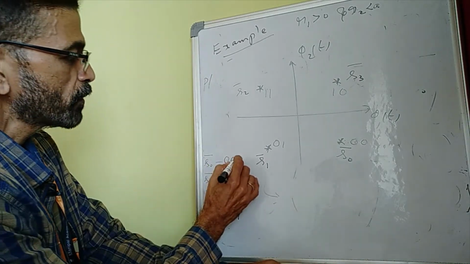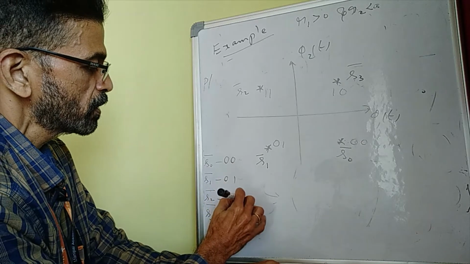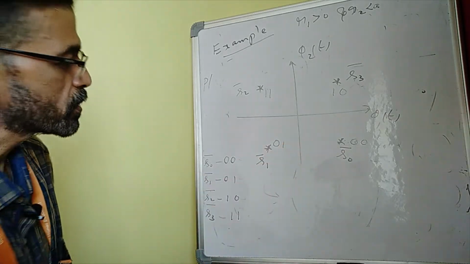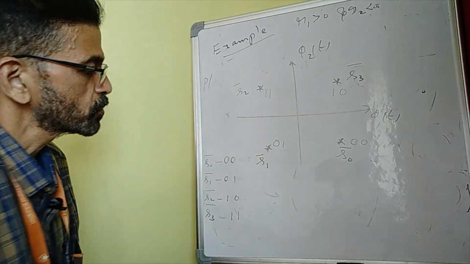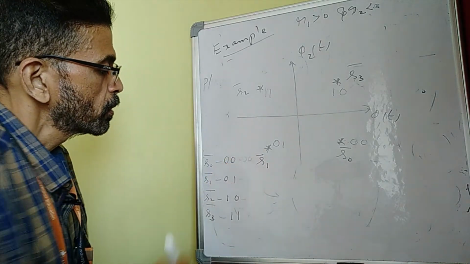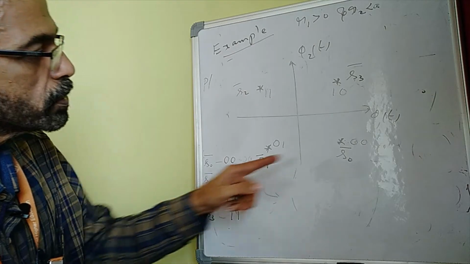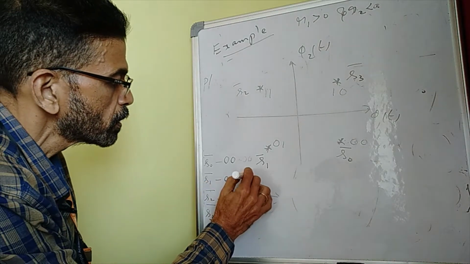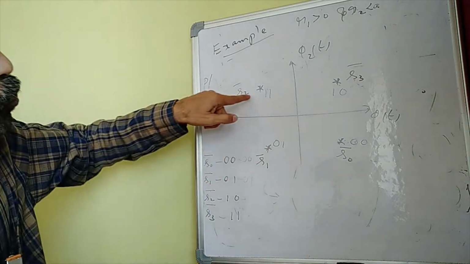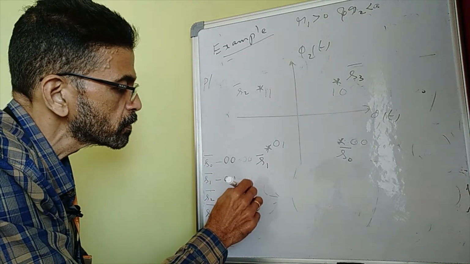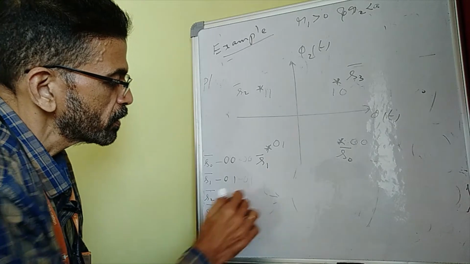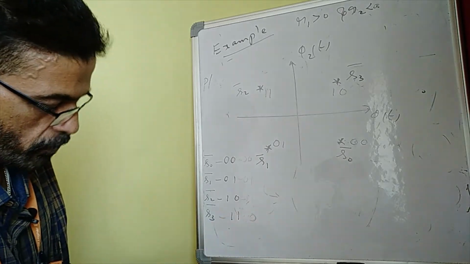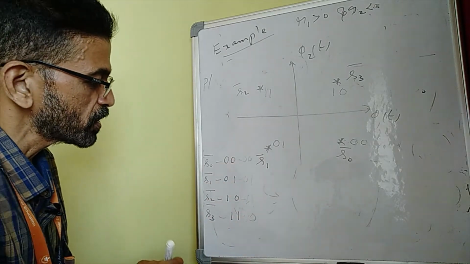And if I write it down here adjacent to this, you note that S0 remains as 0 0, S1 remains as 0 1, S2 becomes 1 1, running out of ink, and S3 becomes 1 0. So excuse me for that, I am running out of ink. So S3 becomes 1 0.